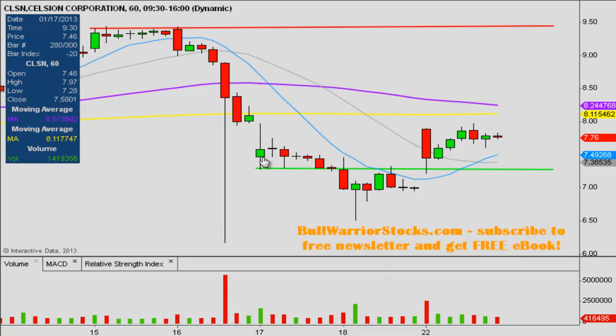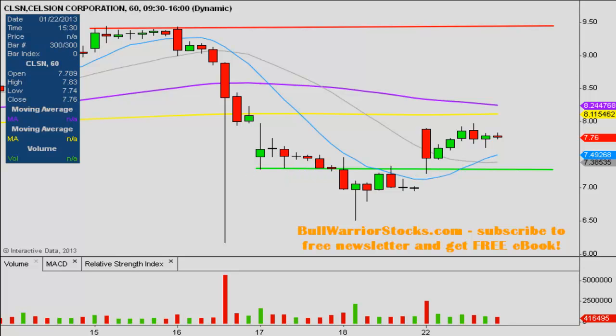The $7.30 level is derived from some lows here and here, and on this pullback it dropped a little bit below it but bounced nicely. So keep your eye on that, and if that one can't hold, then it's probably going to drop down to at least the $6.95 range, if not lower.